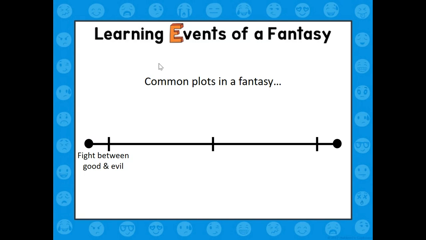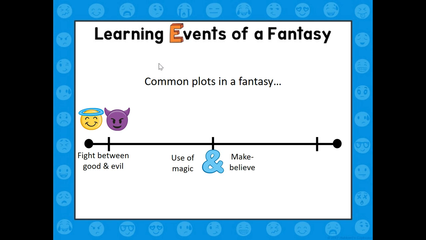Wizard of Oz was the fight between good and evil, the good witch and then the evil witch. Harry Potter, I don't really know Harry Potter, but there is a fight between good and evil. And then Chronicles of Narnia, there's a fight between the kids and then the evil person who wants to take over Narnia.